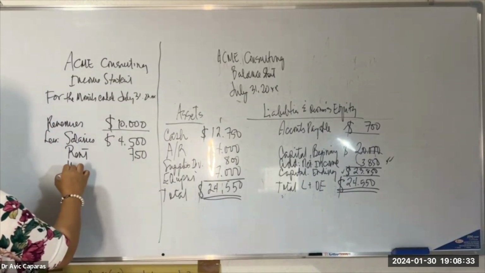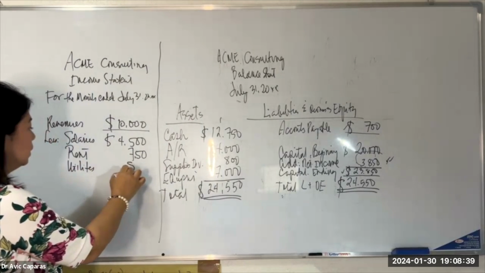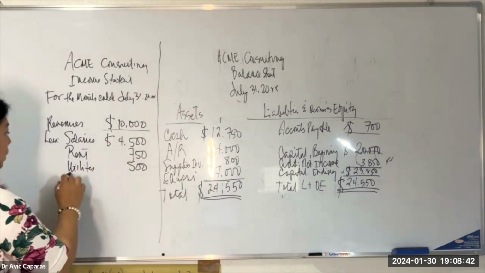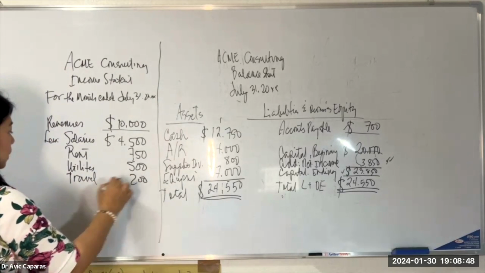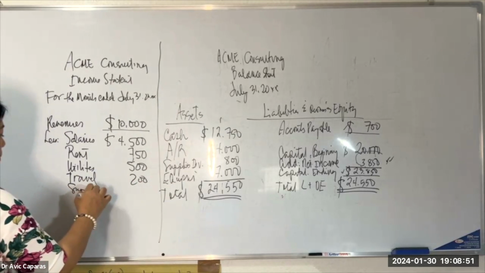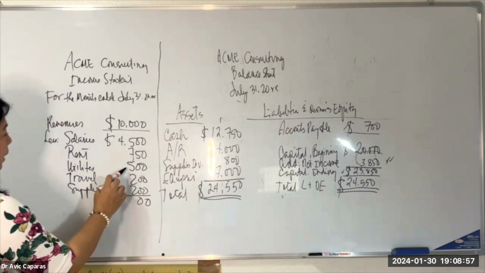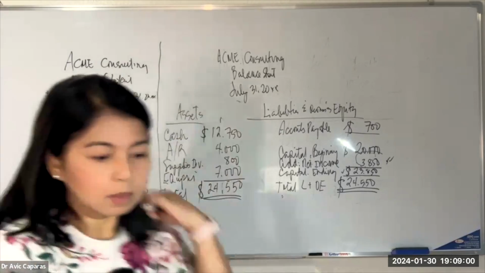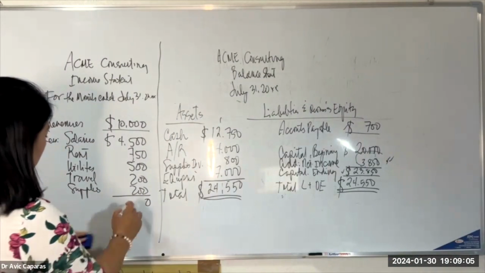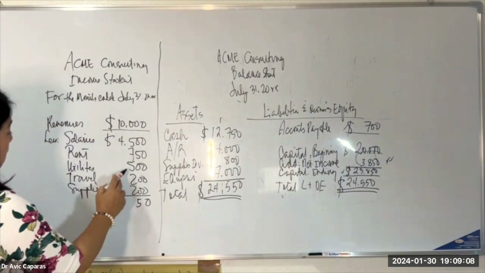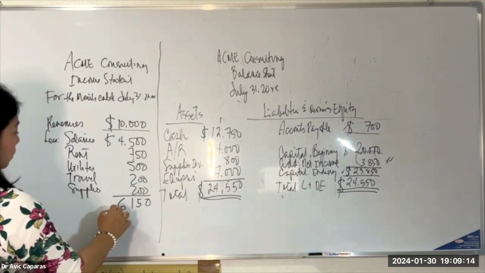Utilities, 500. Travel, 200. Supplies, 200. Okay, so this is 9, 16, 11, 20, 6,150.